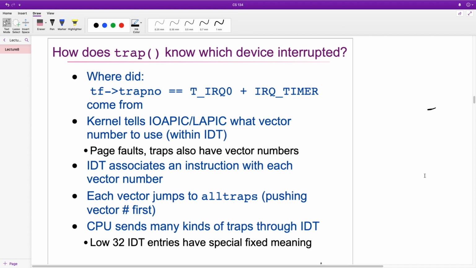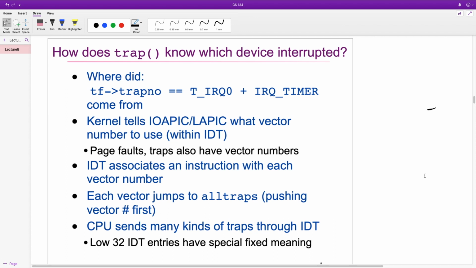How do we know which device interrupted? We can look at the trap number. Timer has one, serial would have another, and other things. The interrupt descriptor table has an instruction, really a pointer, a vector to go to with each vector number.